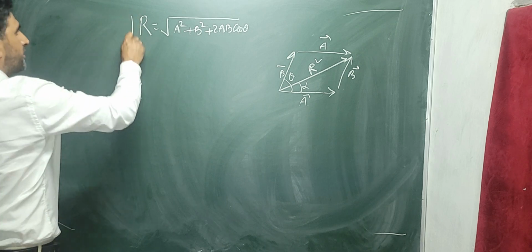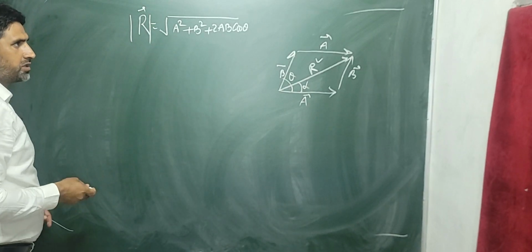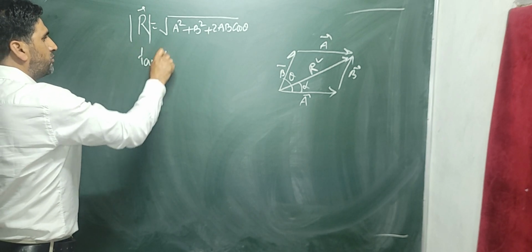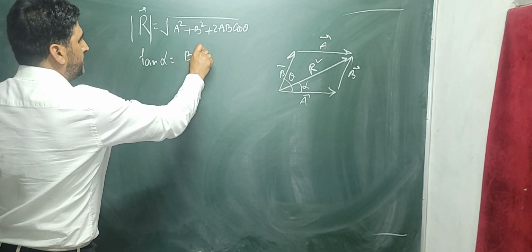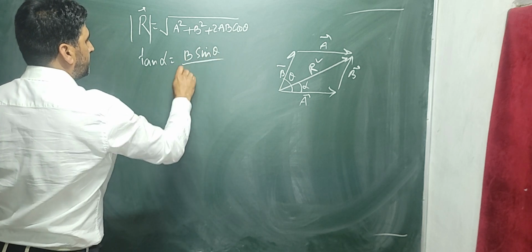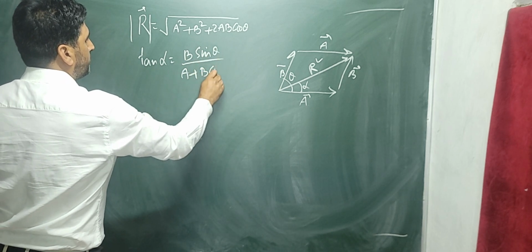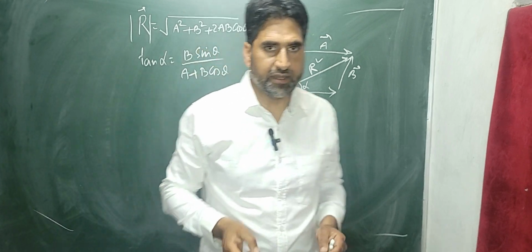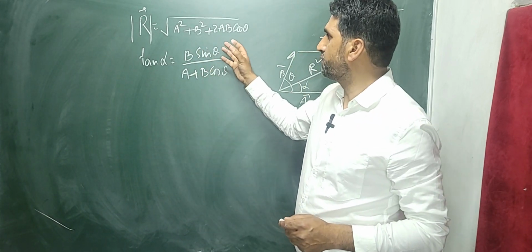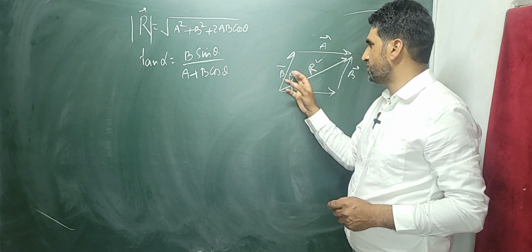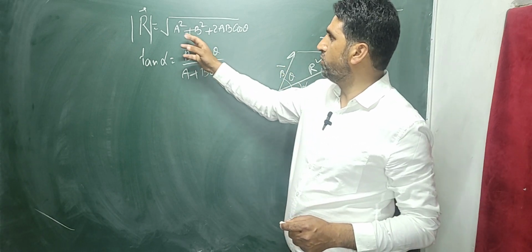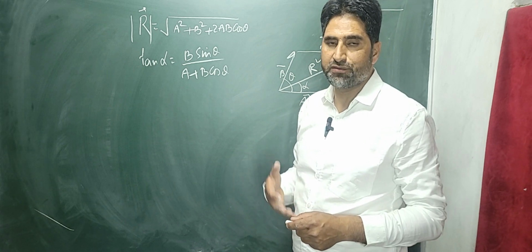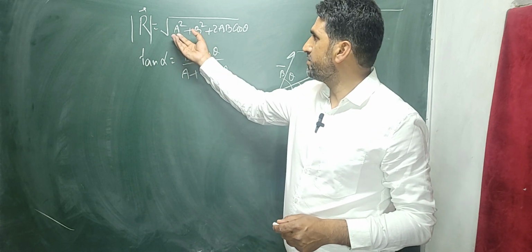So your magnitude part was R equal to under root of A square plus B square plus 2AB cos theta, and tan alpha equal to B sin theta divided by A plus B cos theta. As we already discussed, knowing the value of theta, the angle between the two vectors, and the magnitudes of the two vectors, or if the vectors are given, then we first calculate their magnitude and substitute in this formula.